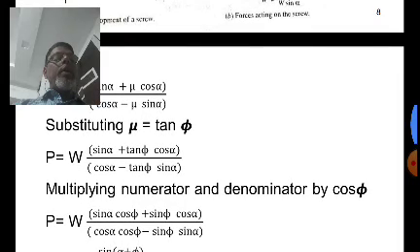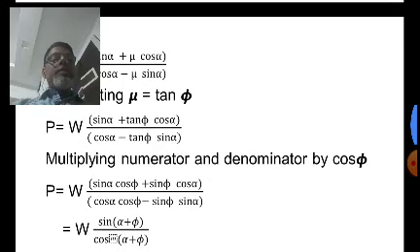Now multiply numerator and denominator by cos phi. Then you will get sin alpha cos phi plus, now tan phi means sin phi divided by cos phi, cos phi will get cancelled, so sin phi cos alpha, right? And in the denominator, cos alpha cos phi minus, again tan phi divided by cos phi will get cancelled, so sin phi sin alpha.